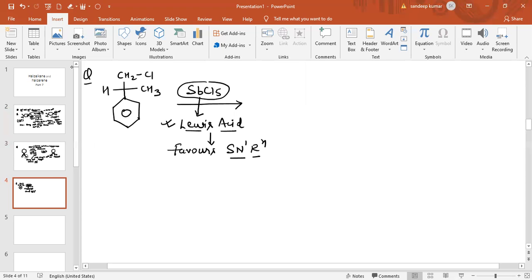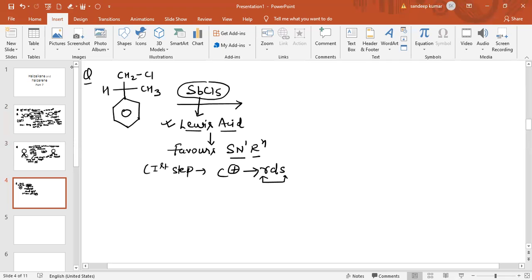It means in the first step there is formation of carbocation. This formation of carbocation will also be the RDS, the rate determining step.